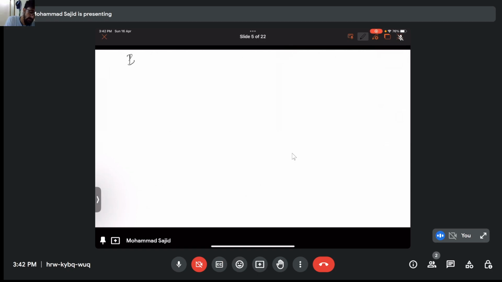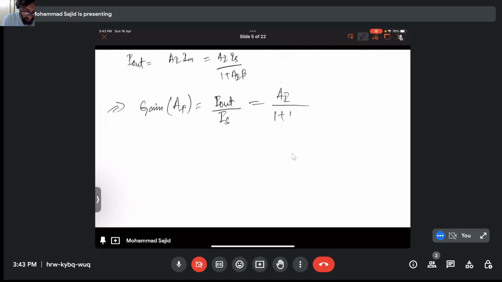My I out is equivalent to In, that is AI, divided by 1 plus AI beta. So my gain, that is AF, the feedback gain, is I out by Is, which is AI divided by 1 plus AI beta, given to us as 116 divided by 1 plus 0.25 into 116.